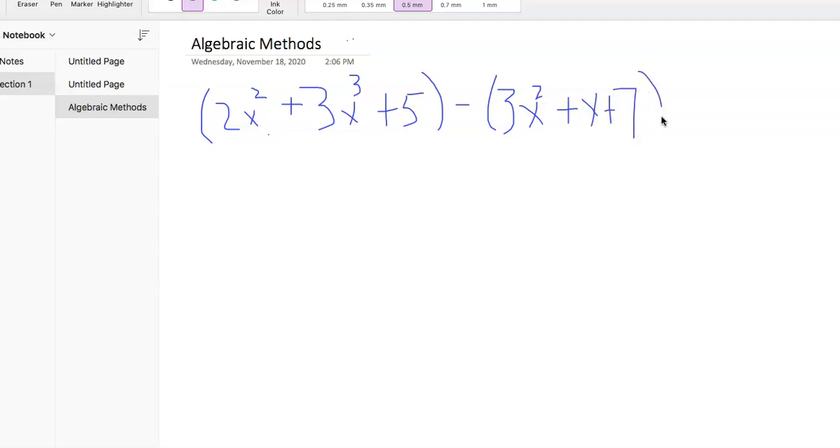Sorry about the handwriting. Okay, so usually we start with the one that has the highest number next to the variable, right? And so that one would be this 3x to the third right here. Okay, so I don't see any other x to the thirds in any part of this expression, right? So we'll put that just down here by itself. 3x to the third, and when we're done with it, we just cross it out. Okay, and then next, how about x squareds?